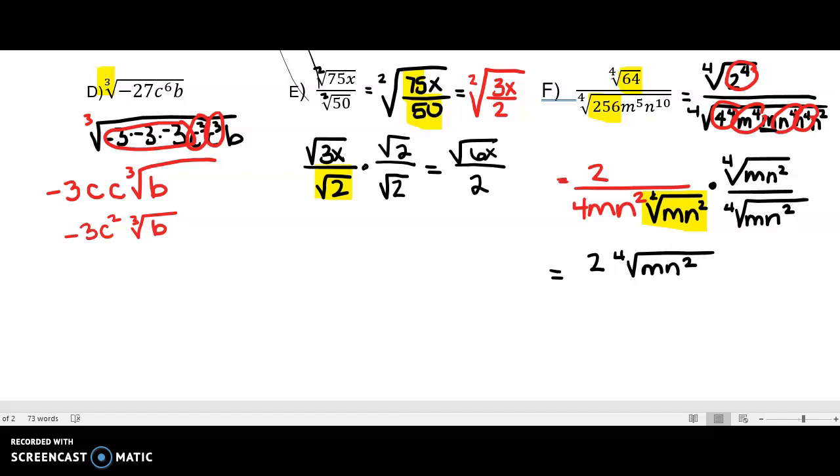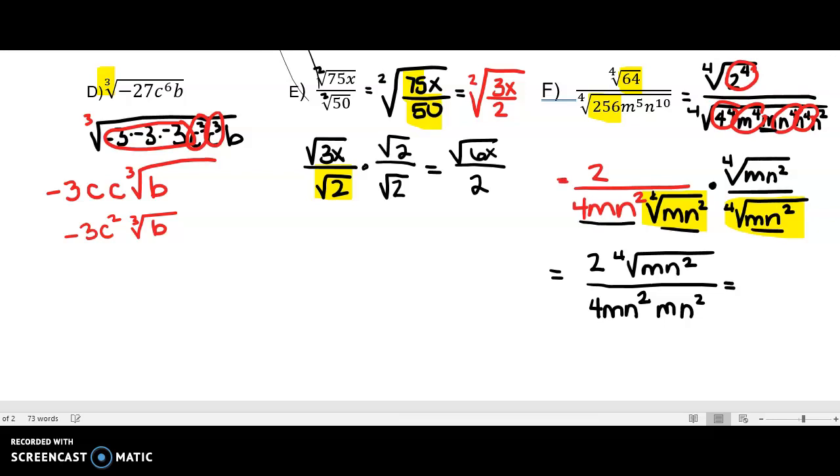Now this bottom one can be a little tricky, but all you really have to worry about is knowing that those are the same. We still have the 4th root of mn squared here. But what happens when I multiply these two together? I get whatever's inside the radical, mn squared.